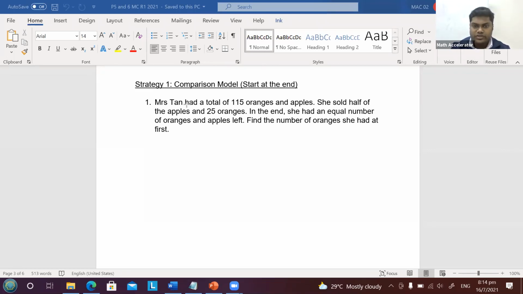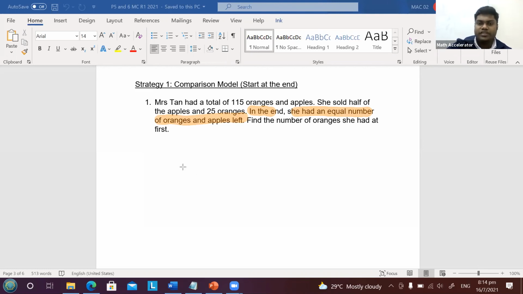Mr. Stan had a total of 115 oranges and apples. She sold half of the apples and 25 oranges. In the end, she had an equal number of oranges and apples left. Find the number of oranges she had at first. Okay. So in the end, she had an equal number of oranges and apples left.